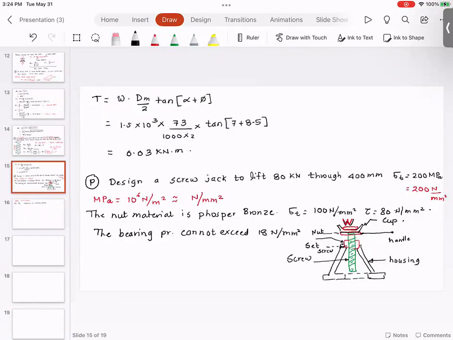Sigma C is not given, so we have to go to the design data book. Assuming a factor of safety of 4, sigma C is equal to the yield stress in compression, 320, divided by the factor of safety, and that gives me 80 Newton per millimeter square.